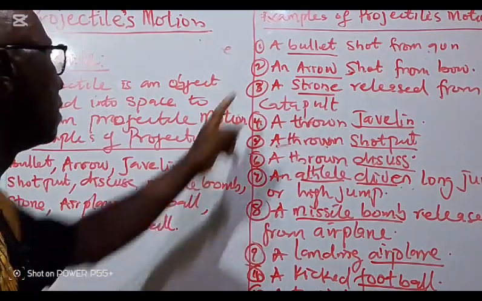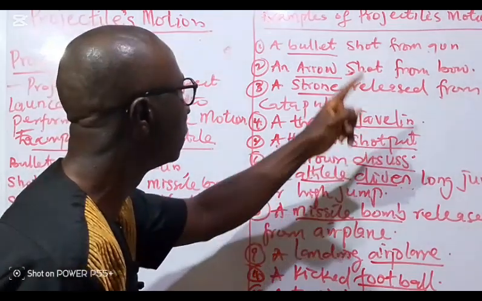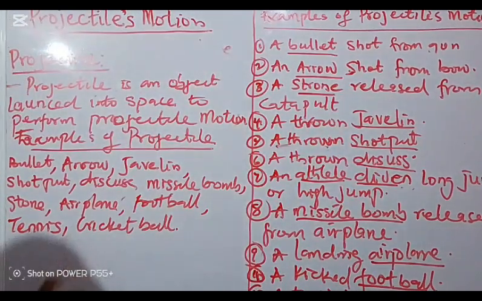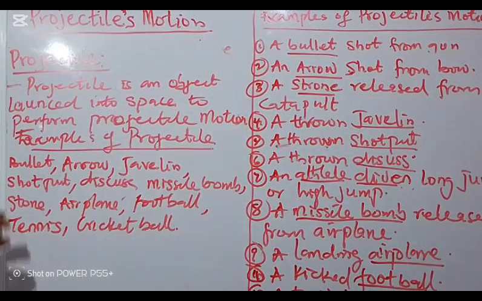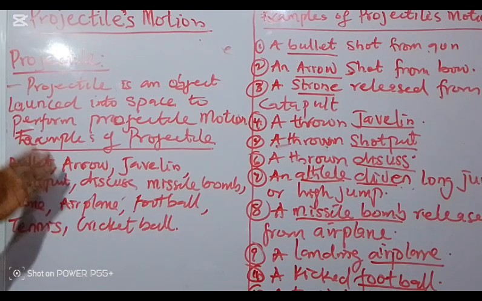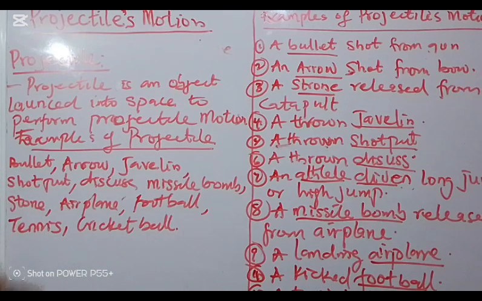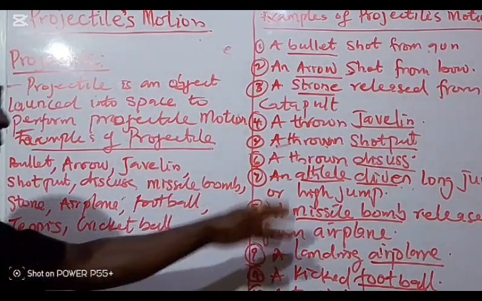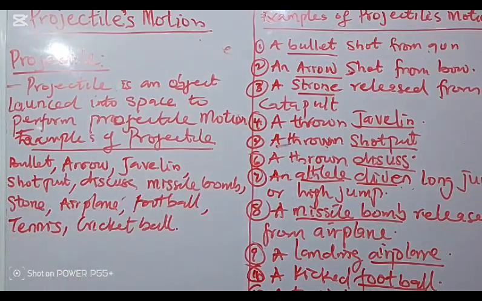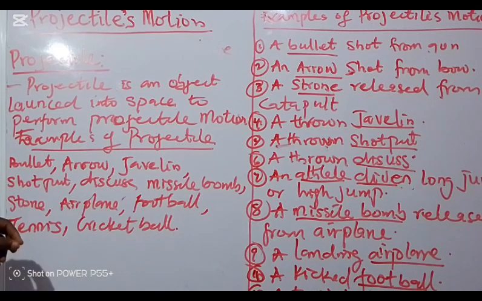That is a bullet shot from a gun. But on the other hand, when you have to mention examples of projectile, these are what you need to mention: bullet, arrow, javelin, shot put, discus. So it's different from examples of projectile motion. When it is examples of projectile, that particular object itself is what you are going to mention.